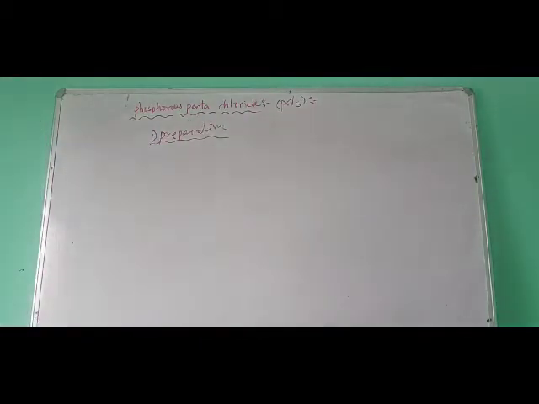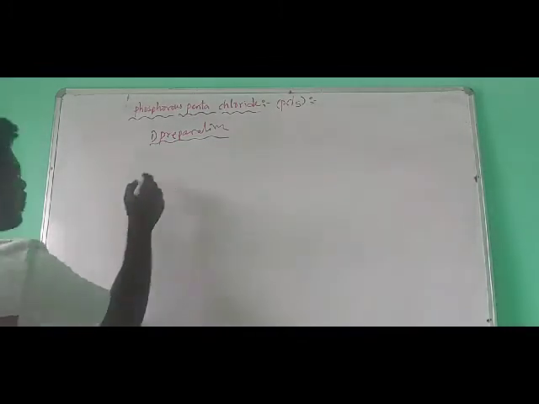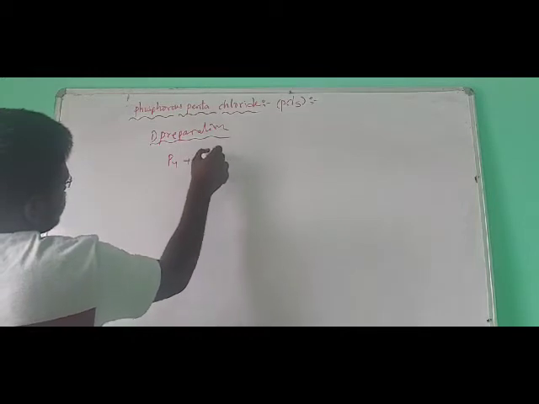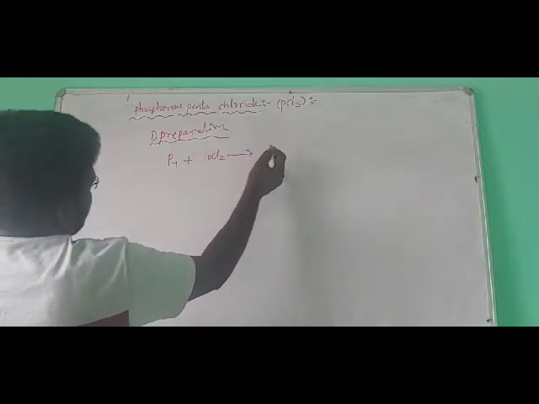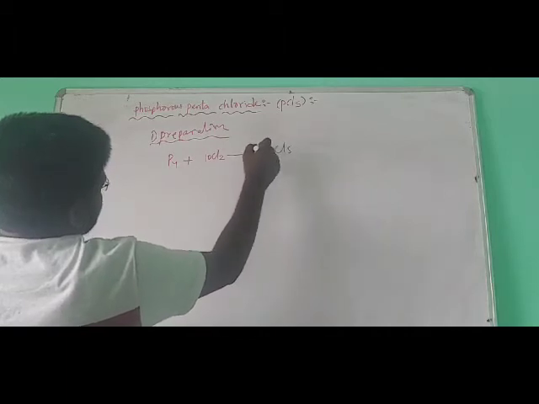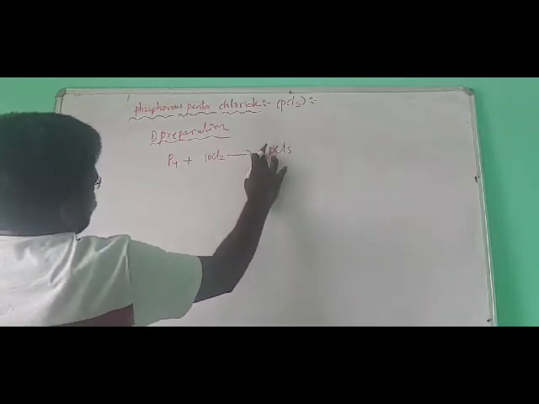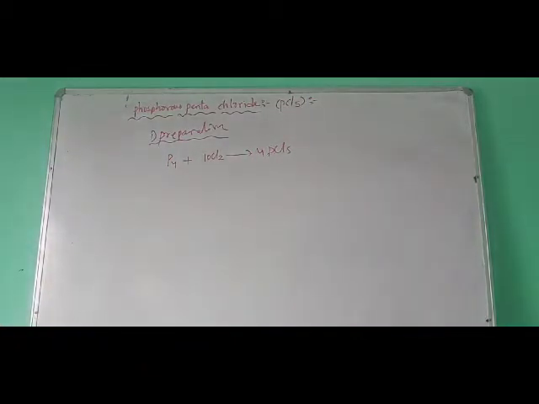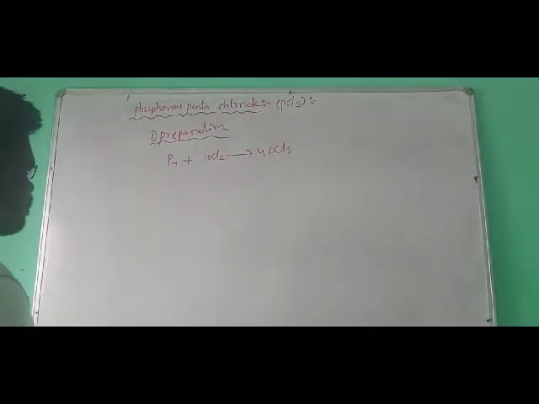of phosphorus pentachloride. We can prepare this by treating white phosphorus with 10 moles of chlorine gas, and we can get 4 moles of PCl5.